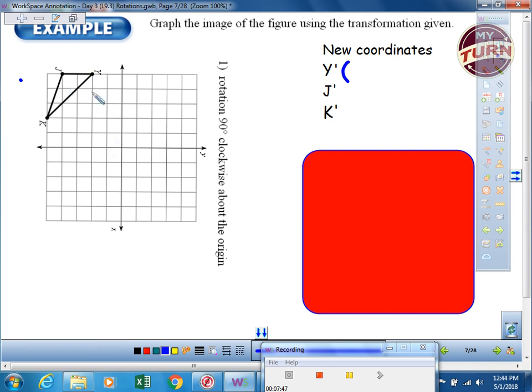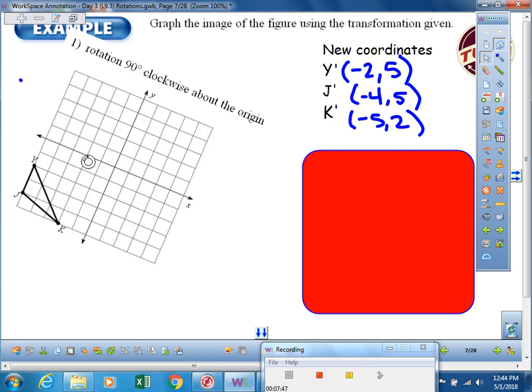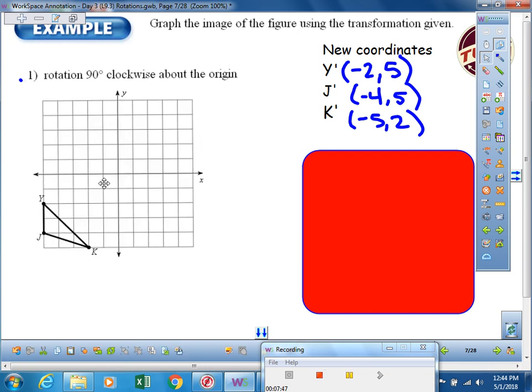It's -2, 5. So you're writing down these ordered pairs. And then put J prime, and that is -4, 5. And then put K prime, -5, 2. Then turn your paper back to the original position.